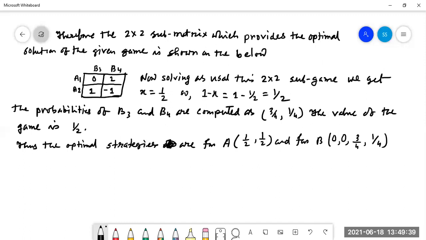This is the optimal strategy, and the value of the game is equal to half.